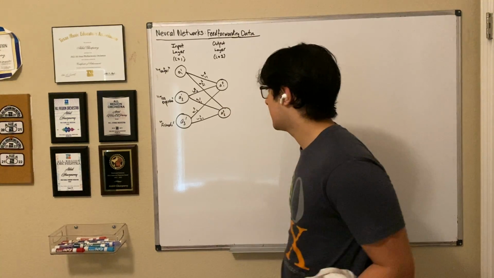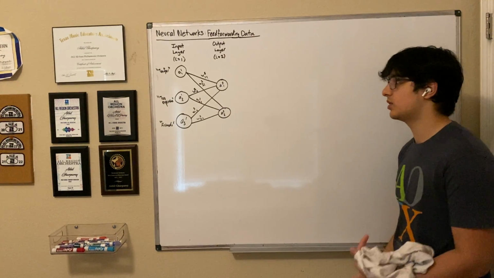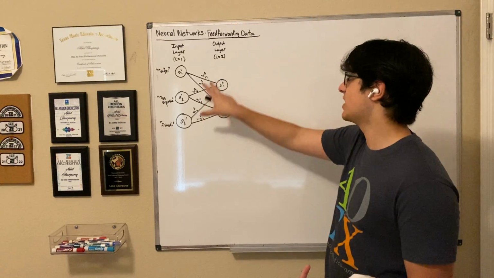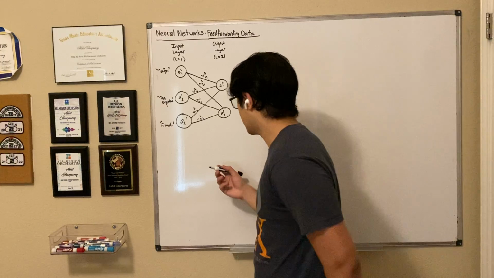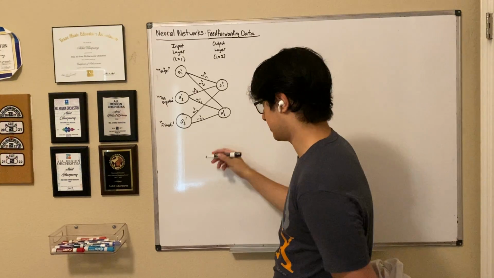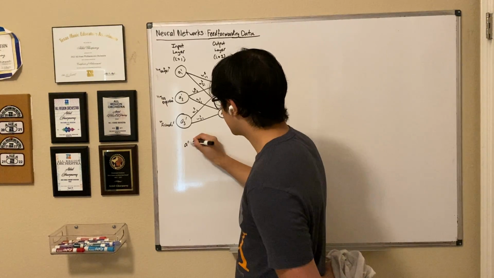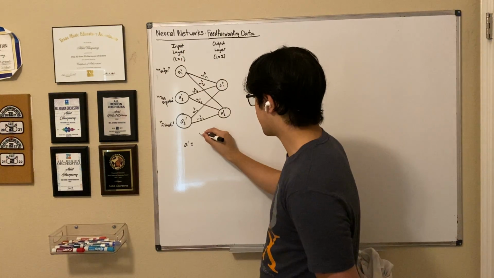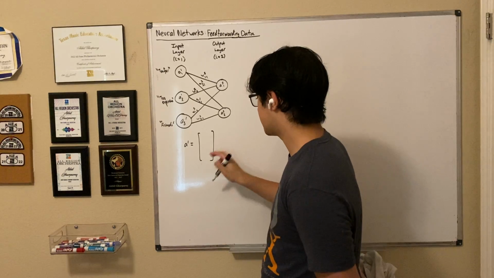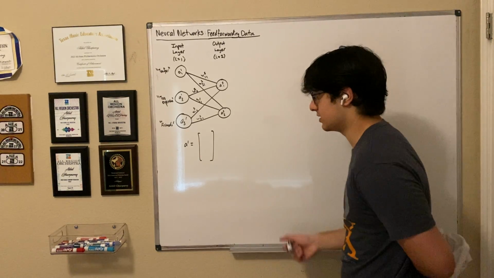And now, what can we do with these values? How can we get these weights, and then somehow get some sort of activation out of this? Well, it comes with a little bit of matrix multiplication here. So the activation vector for this first input layer can be represented as a three-dimensional vector, or a vector with three components.